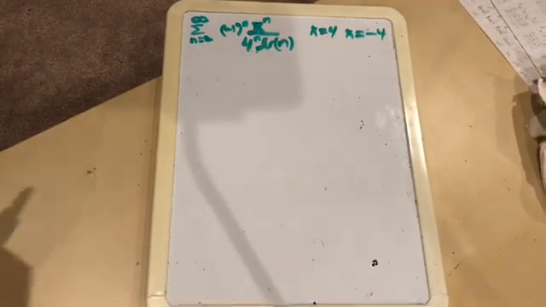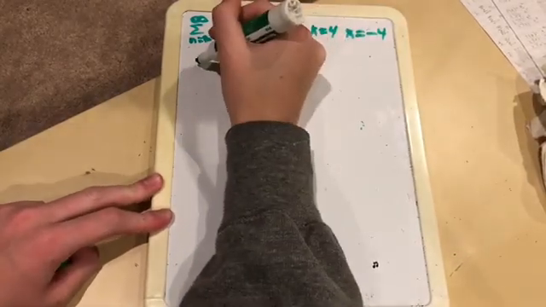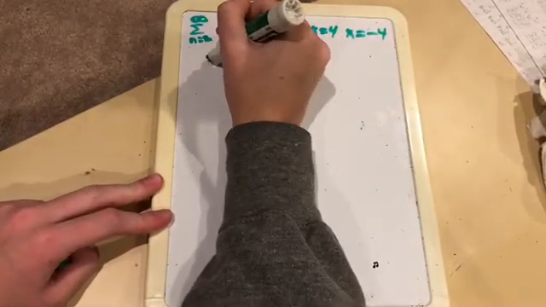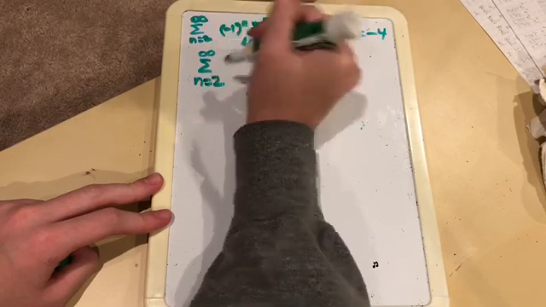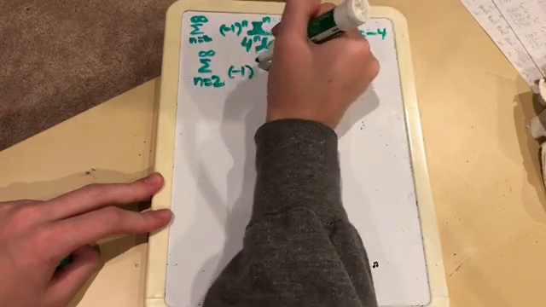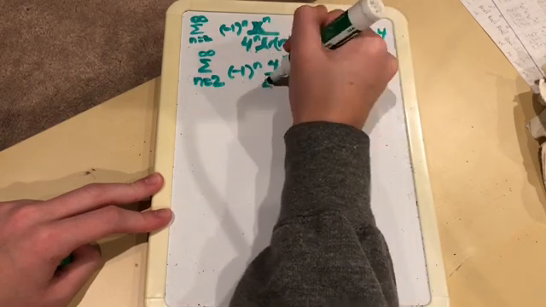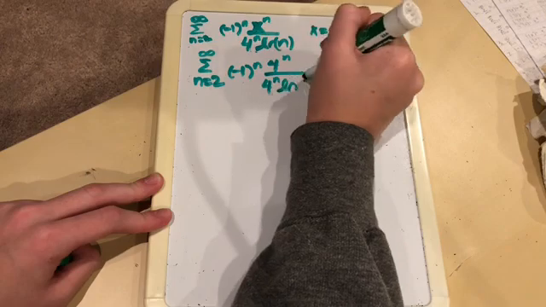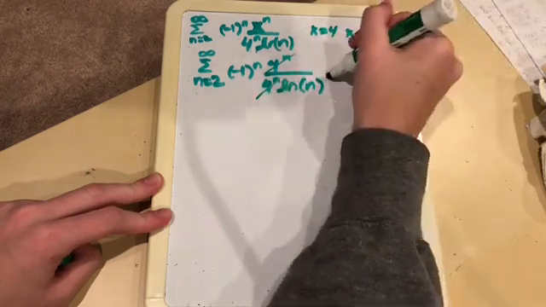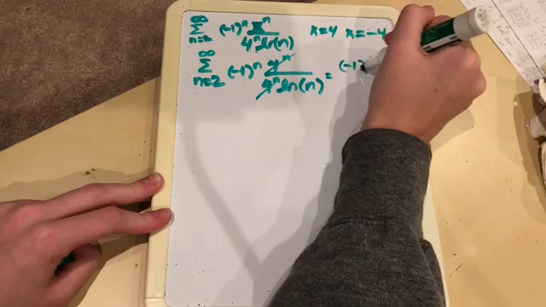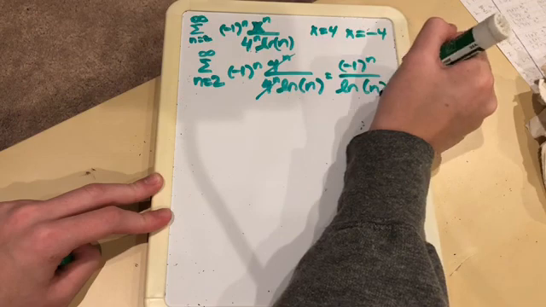All right, so for testing the endpoints, let's first plug in 4 for the x. So we get the series -1 to the n times 4 to the n over 4 to the n times ln of n. So both of these 4 to the n's cancel. You're left with -1 to the n over ln of n.